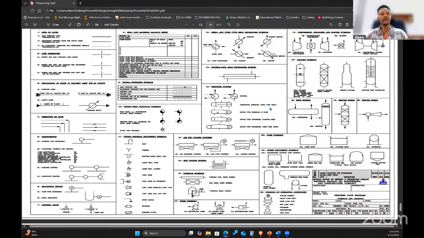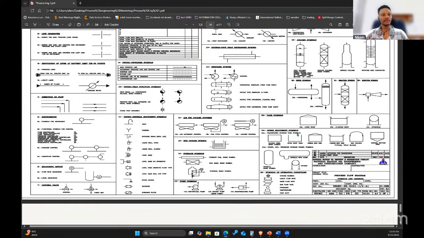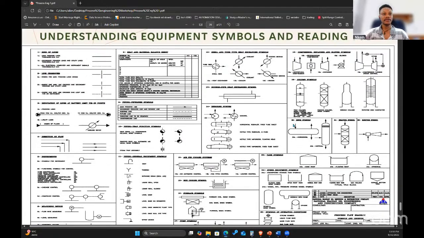Okay, so for these drawings, you need the AutoCAD P&ID. If you have access to it, I believe you can purchase it somewhere in Nigeria on the streets, on CD, and then you install it and pay for it. Or you can even pay for it online, or the free version I'm going to introduce to you in a future lesson. It's not AutoCAD P&ID, but I will introduce it to you.